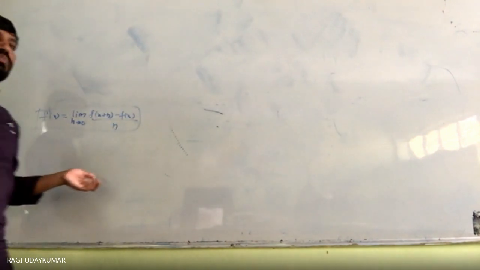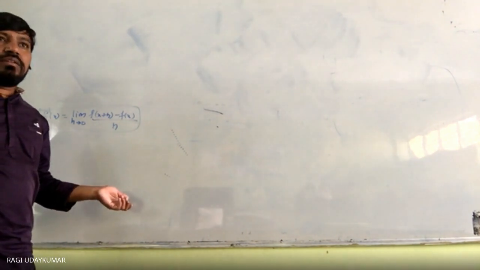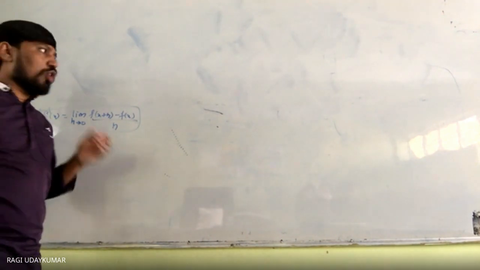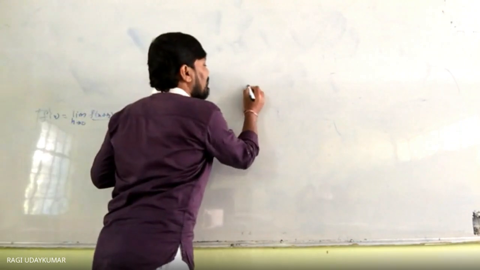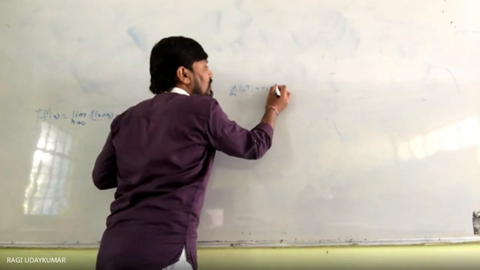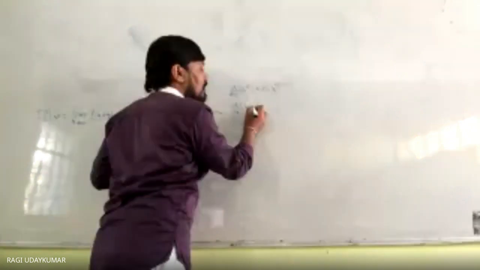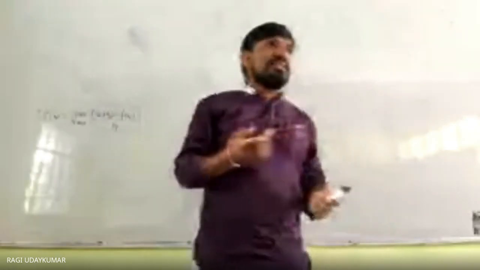With the help of this first principle, we get d by dx of sin x. Normally, differentiation of the functions: d by dx of x to the power of n is n x to the power of n minus 1. Derivative of sin x is cos x. Derivative of cos x is minus sin x. Derivative of tan x is secant square x.